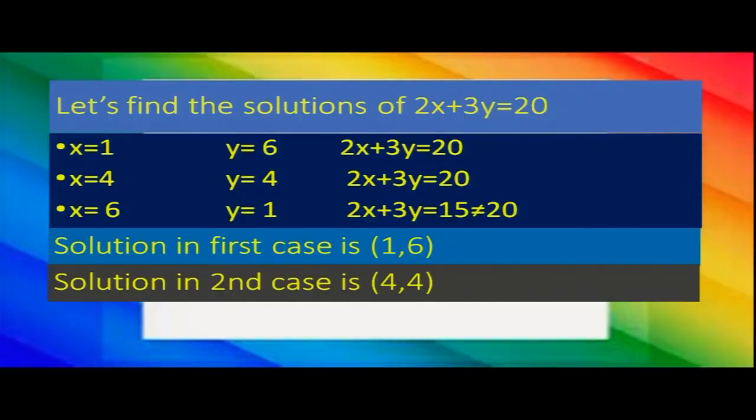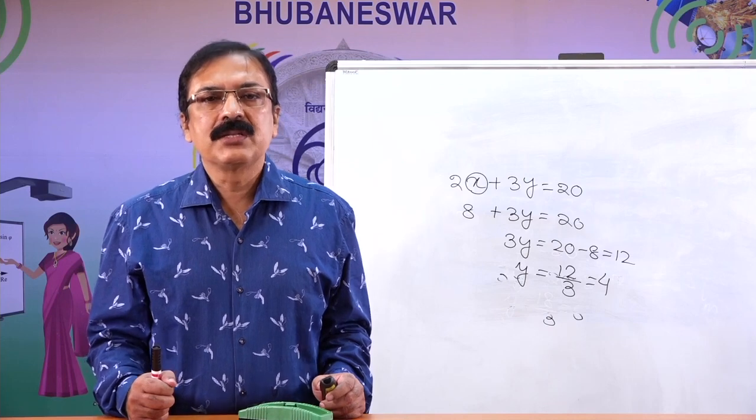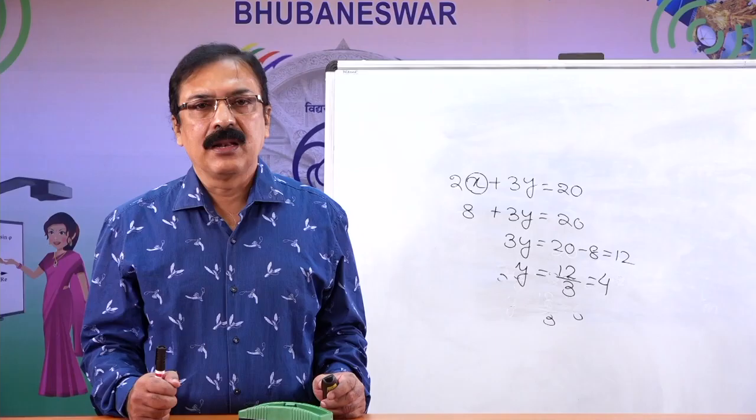X is equal to 6 gives 2 into 6, 12, and if we put the value of y as 1, then 2x plus 3y gives 15, which is not equal to 20. That means (6, 1) is not a solution of this equation.